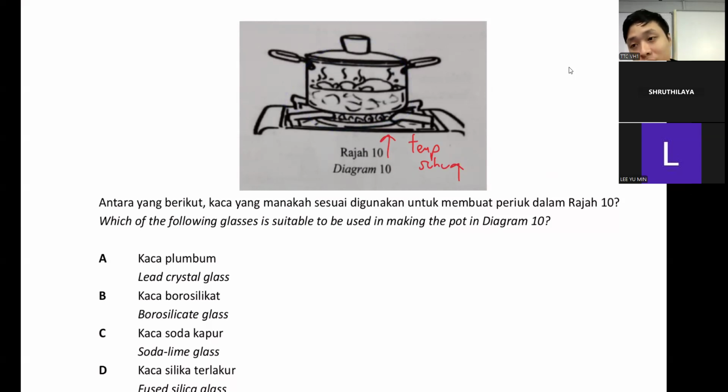This glass they added boron oxide, B2O3, to make the glass more resistant. So it can tahan more heat, because you are cooking. It won't crack easily, it won't expand easily. So the best answer is B.